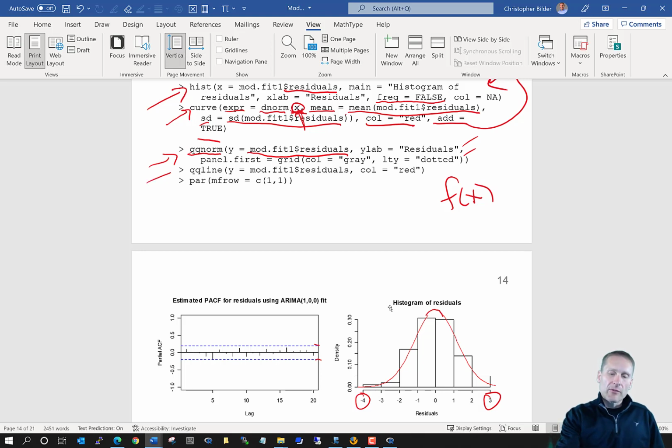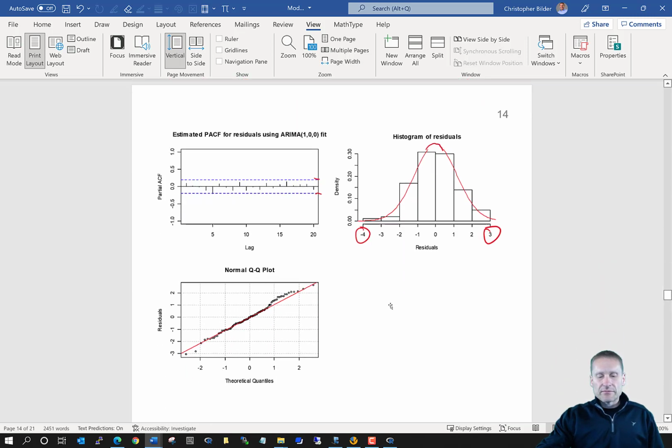Then, as we talked about before, there's typically a line drawn that helps you see where the residuals should match up with the corresponding quantiles from the normal distribution. To draw that line properly, I can use the qqline function. It automatically scales everything properly. To tell R we're working with these residuals, I need to put the residuals in there again. And so this is what we get.